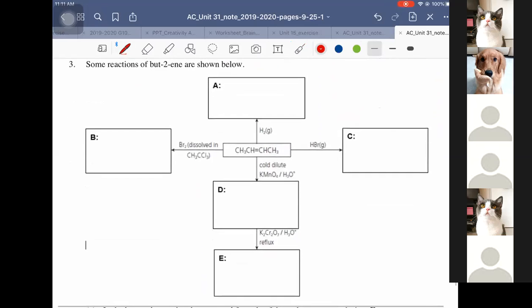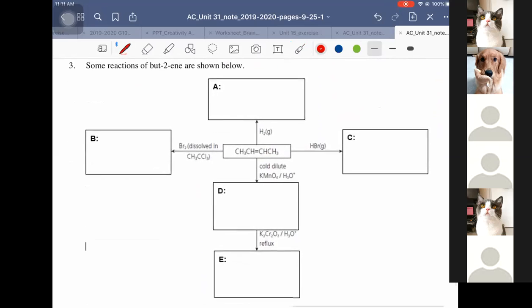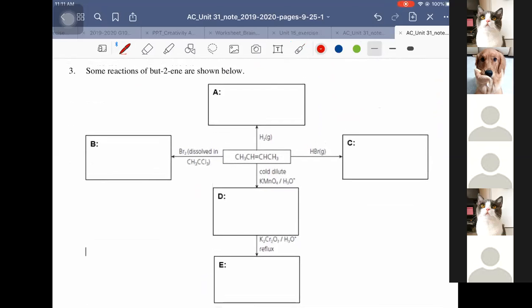Let's come to a bit more complicated question. Some reactions of butene are shown below. Let's take a look. This is a butene, a symmetrical molecule. If we add hydrogen to it, then it will undergo electrophilic addition.